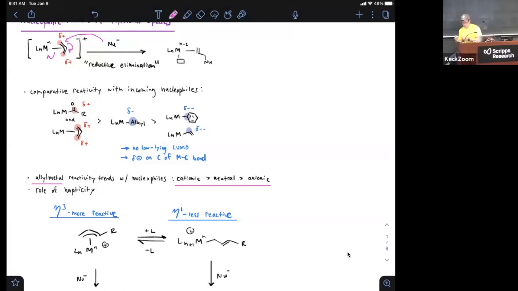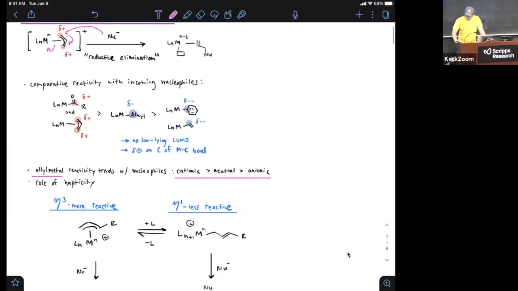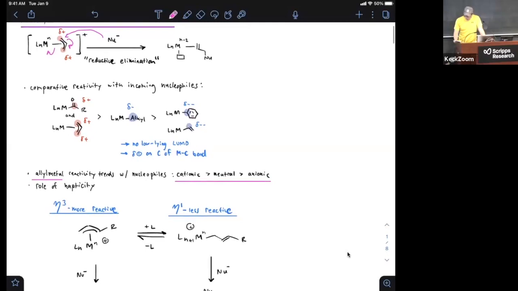So a consequence of the frontier molecular orbital picture of these species is that as you go cationic, neutral, anionic, you go in the direction of decreasing reactivity. Hapticity also plays a role. We'll see in detail how this manifests throughout the class.